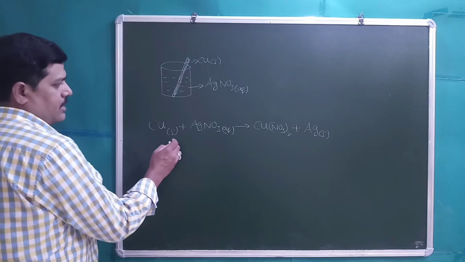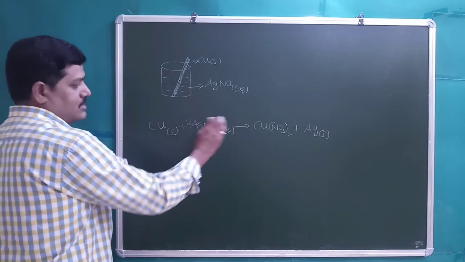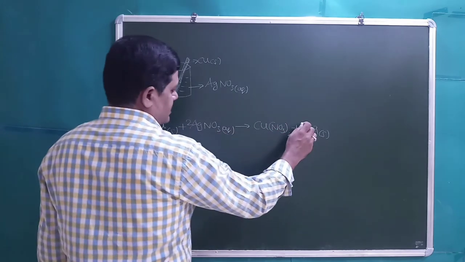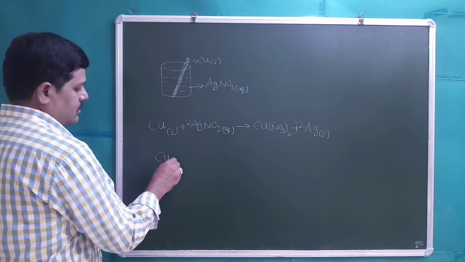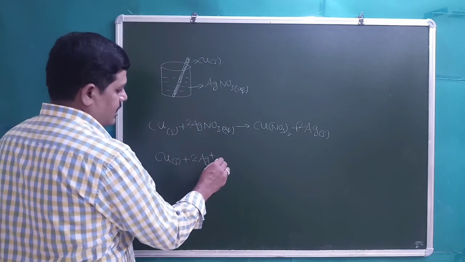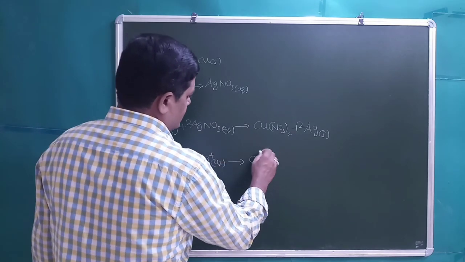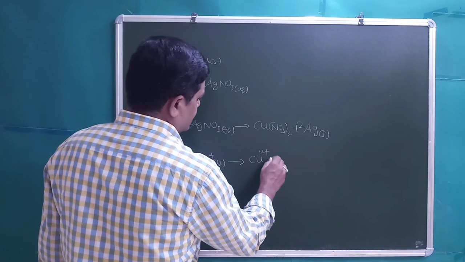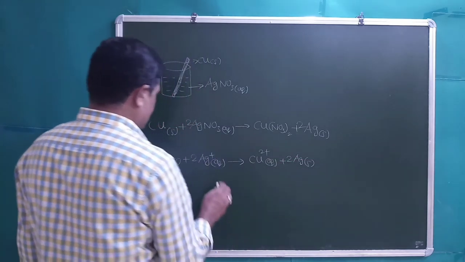Students, the balanced equation in ionic form we can write as Cu solid plus 2Ag+ aqueous gives rise to Cu2+ aqueous plus 2Ag solid.